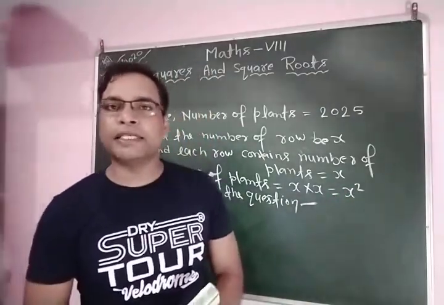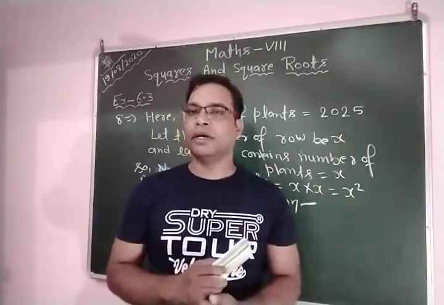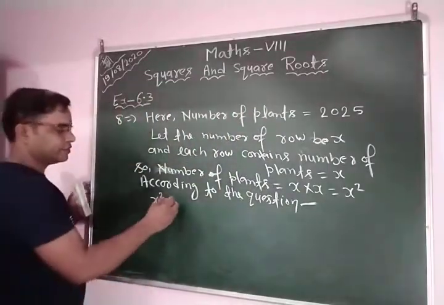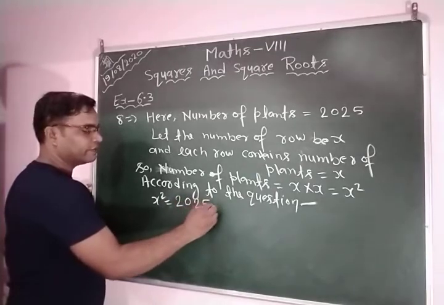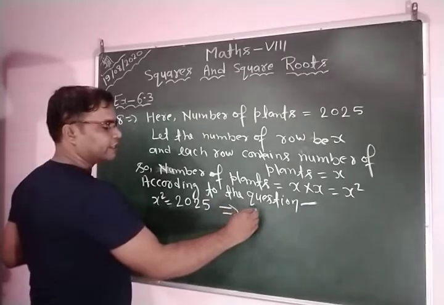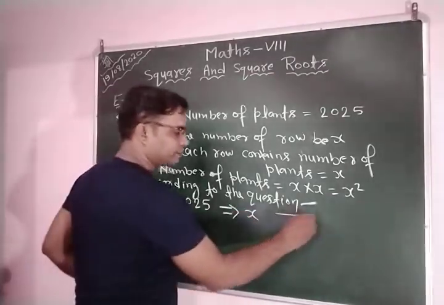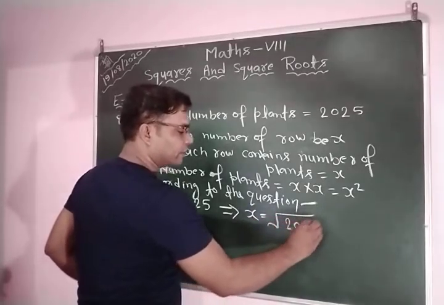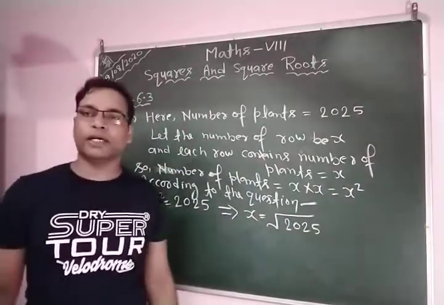But the total number of plants in the garden is given as 2025. This implies that x is equal to the square root of 2025. It means that we need to find the square root of 2025.